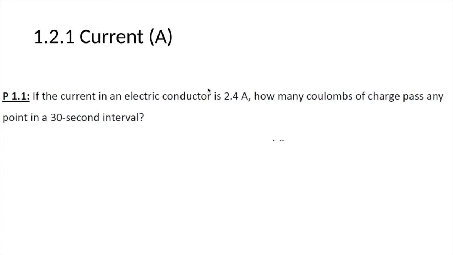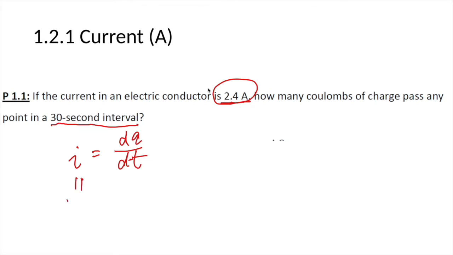Let's take a look at an example. If the current in an electric conductor is 2.4 ampere, how many coulombs of charge pass any point in a 30-second interval? We have the definition i equals dq over dt. And we know that i equals 2.4 ampere, so the changing rate of charge is a constant.